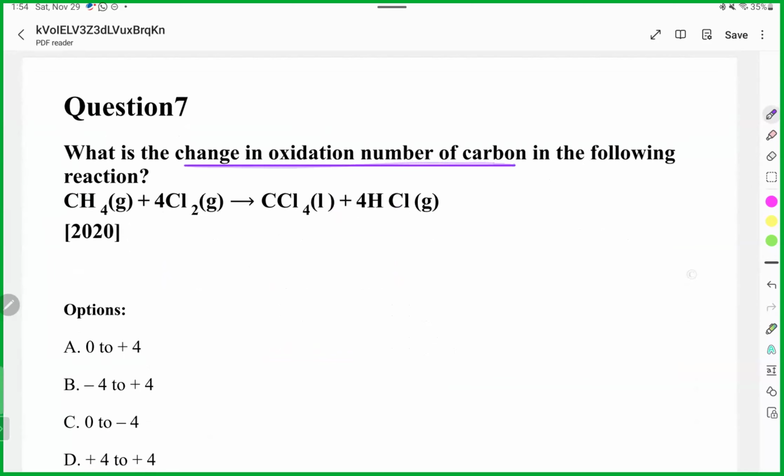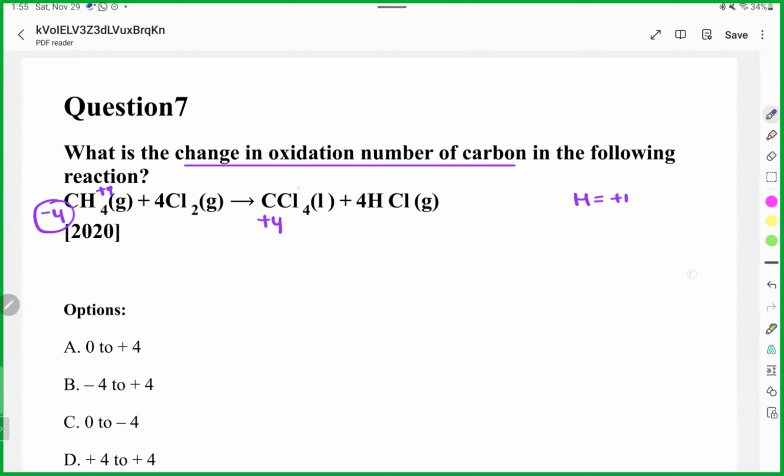Number of carbon electron reaction, 0 to -4. Carbon is in the fourth group; here it is -4, here +4. One hydrogen has +1, so 4 hydrogens will have +4 and it will be -4 to balance.